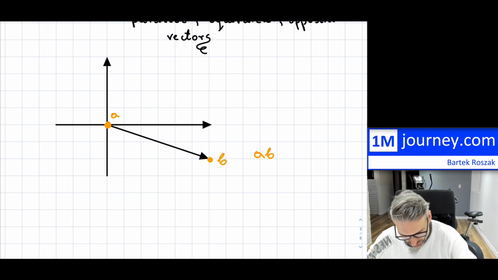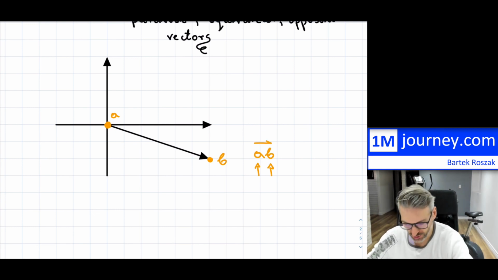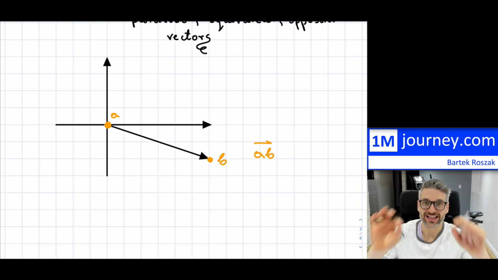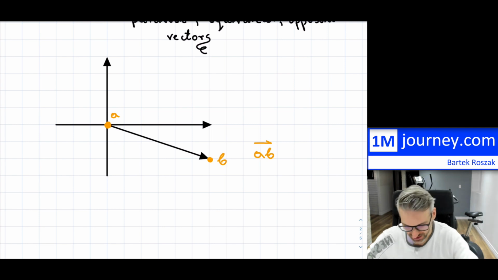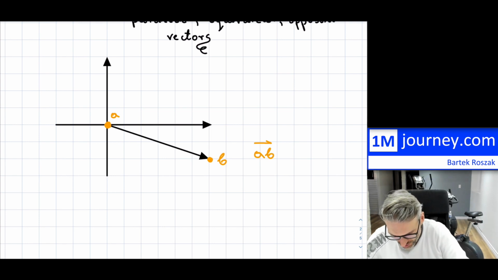So this is your start, this is your end, and then you put your little arrow right on top, and that arrow on top just simply lets you know that this is now a vector.